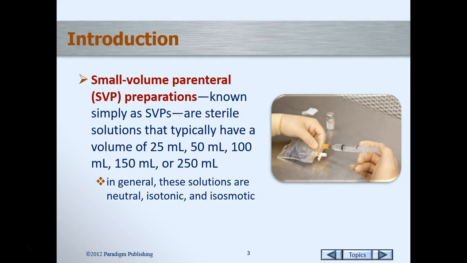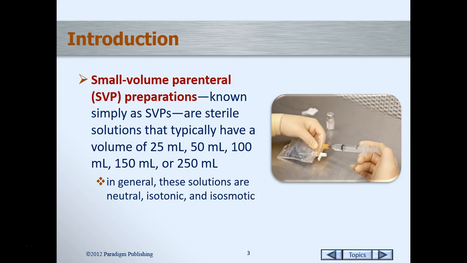To begin, let's discuss small volume parenteral preparations. These are generally known as SVPs. They're sterile solutions that typically have a volume of 25, 50, 100, 150, or 250 milliliters.